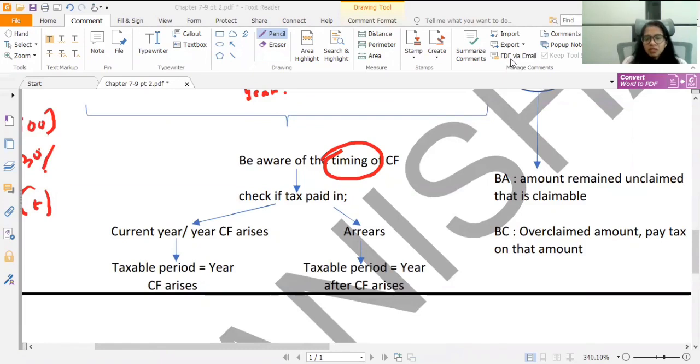So what does it mean by timing of cash flow?